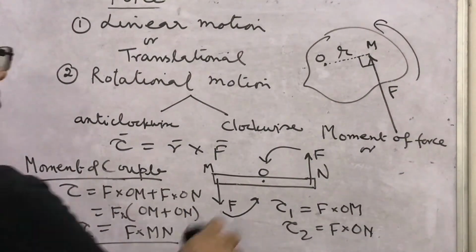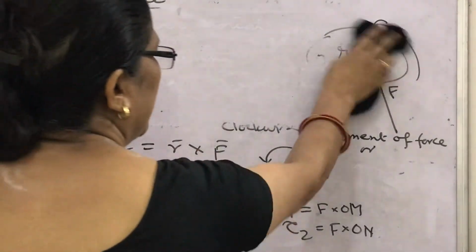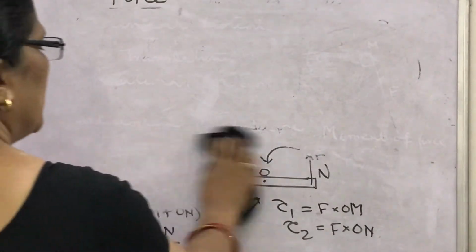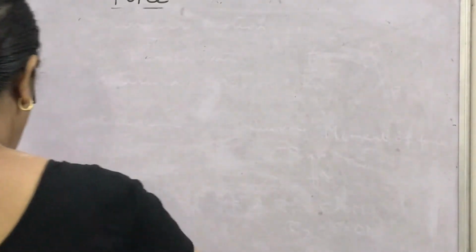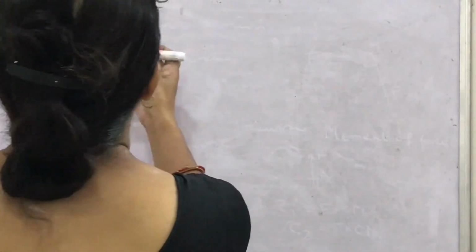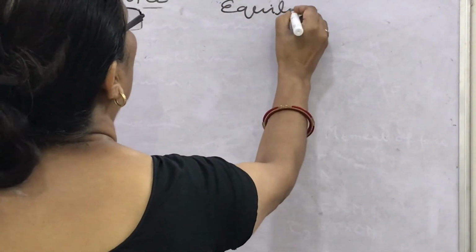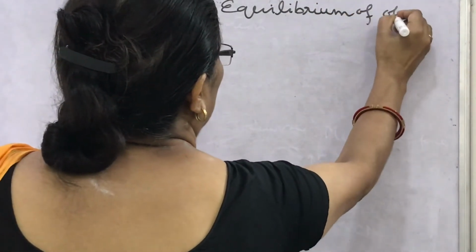Now, if the object is moving under the effect of forces, then we will learn what the equilibrium condition is, that is the equilibrium of bodies. Look here, equilibrium of objects.